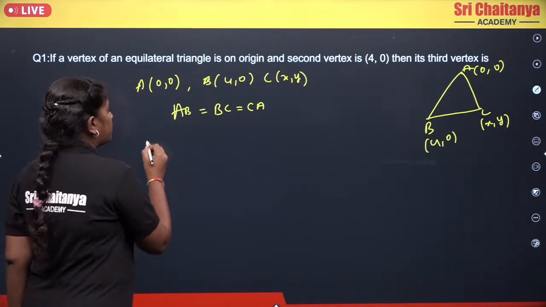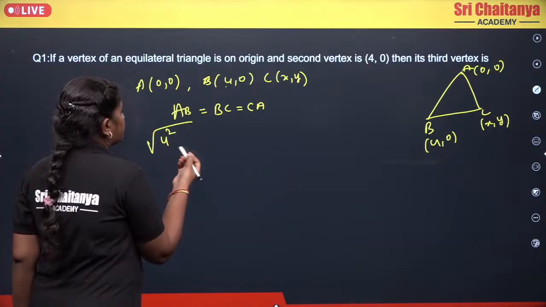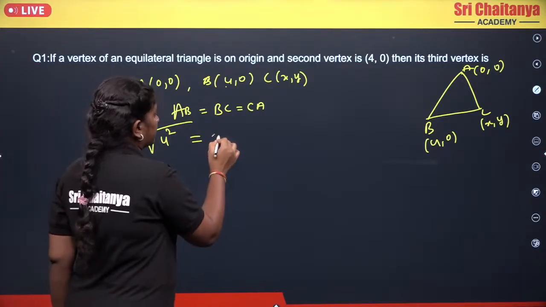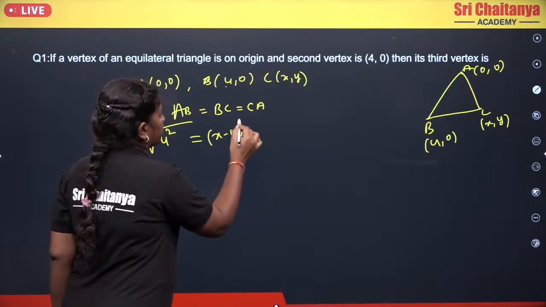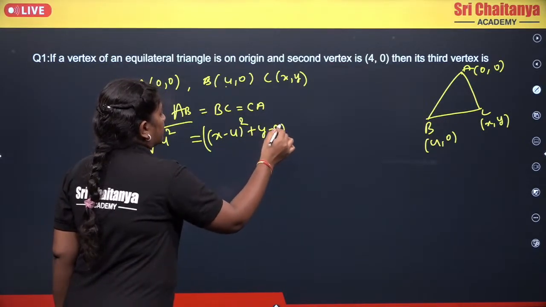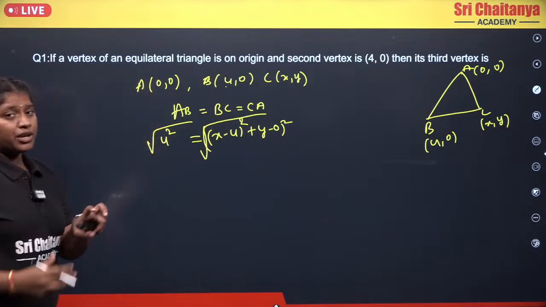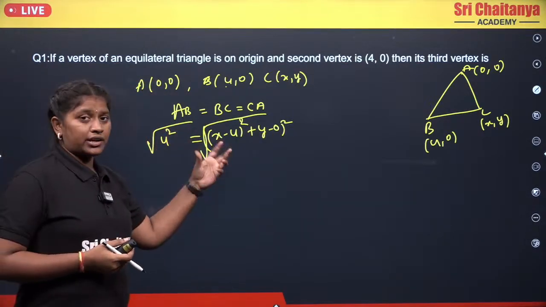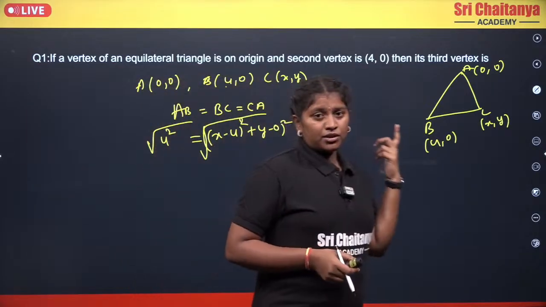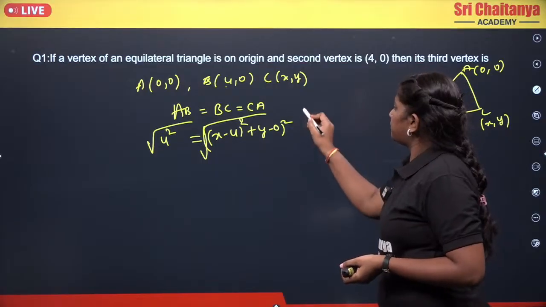Now AB means root of (4 minus 0) whole square plus (0 minus 0) whole square, which equals root of (x minus 4) whole square plus (y minus 0) whole square. We need to find the x and y values, right? For that reason, you can take two conditions. I am taking my AB equals BC, and another condition you can take is BC equals CA.